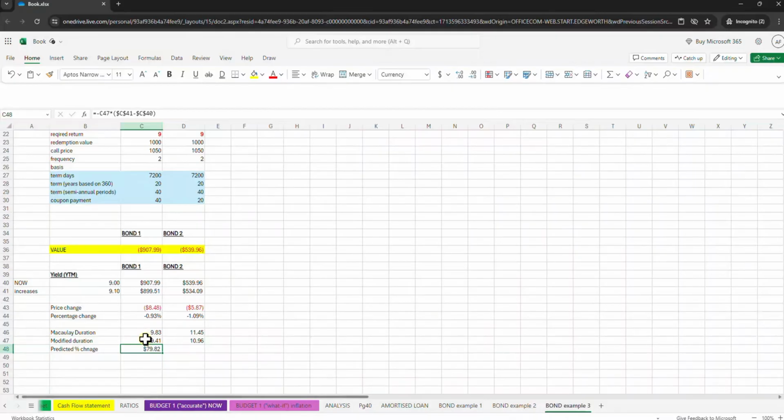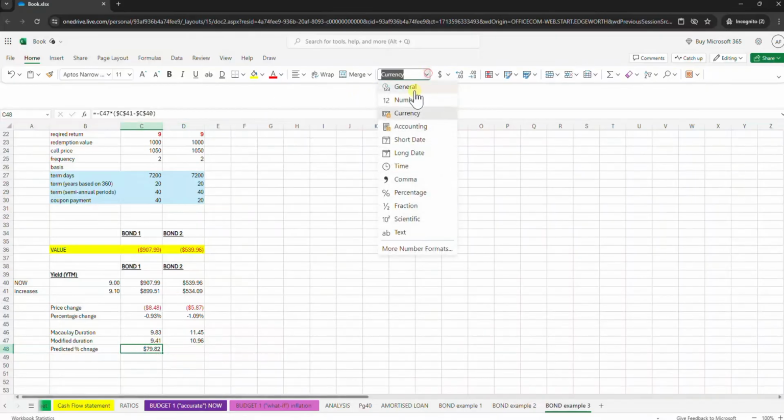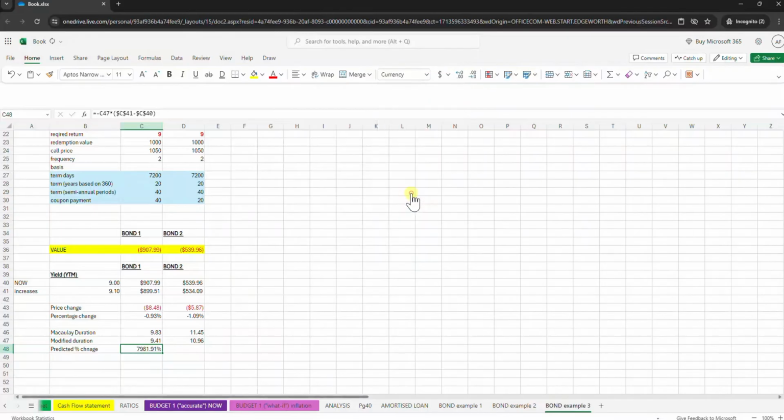And I'm multiplying that by, maybe this must be a percentage. No, that's not right. I've done something wrong here. Let's just check the formula. Let's go back to page 110 just to have a look. That duration we calculated correctly.